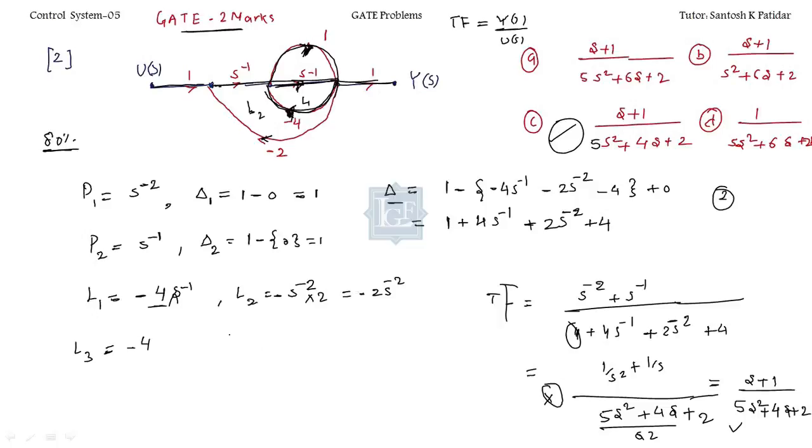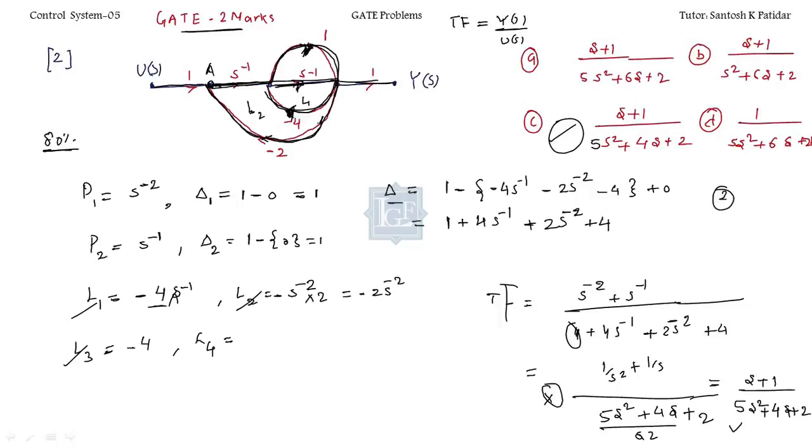Here L1 is correct, L2 is correct, L3 is correct. There is an L4 also given over here, but I did not consider it. So where is that L4? Over here, see. I started my journey at point A. This is the path, like this I'm getting this, see.